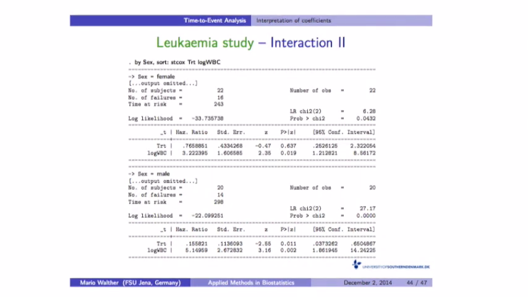Here is the output for females, and here is the output for males for the Cox regression. Here you would see that in the group of females, the treatment effect is higher compared to the treatment effect in the group of males. But it's not significant in this case. So we have a different time to event experience in the female group compared to the male group with respect to the treatment.